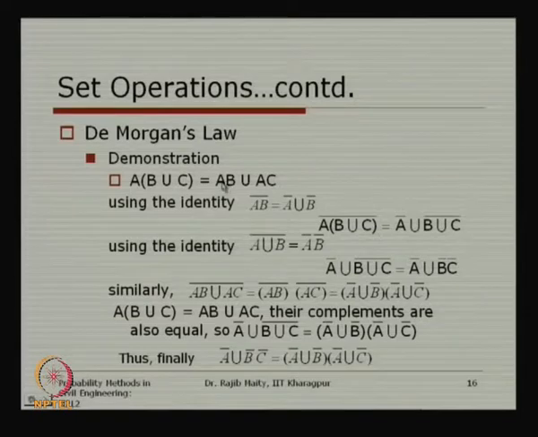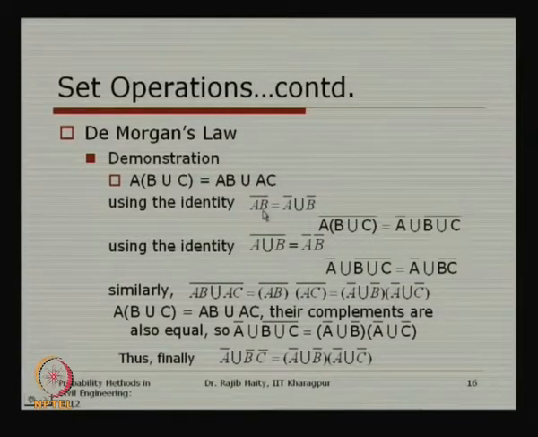Similarly, on the right hand side, A is replaced by A complement, intersection by union, B by B complement, union by intersection, A by A complement, intersection by union, and C by C complement. So according to De Morgan's law, if these two are equal, then these two will also be equal. Now let us see how we can show this in between.